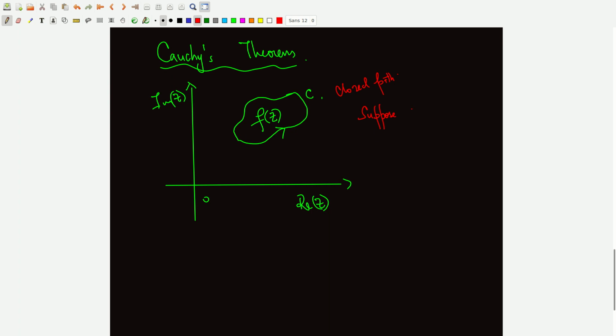suppose f(z) is a complex function and C is a closed curve in the complex plane.